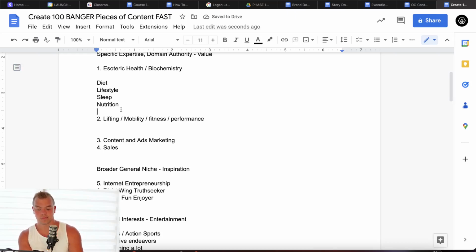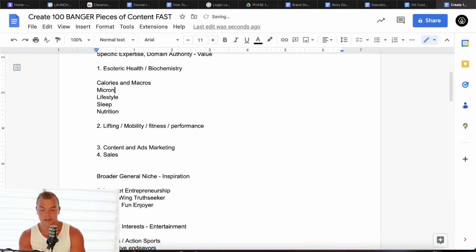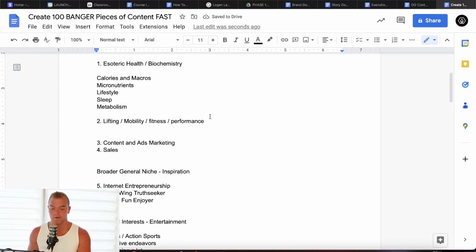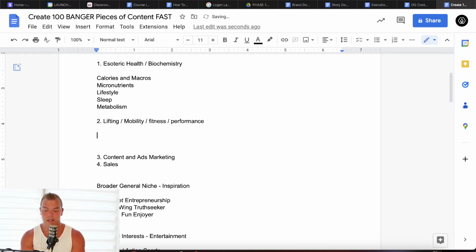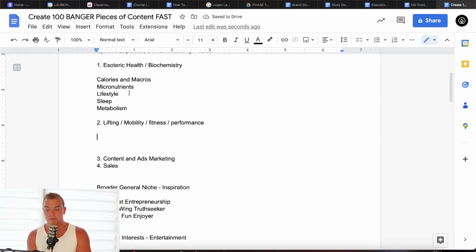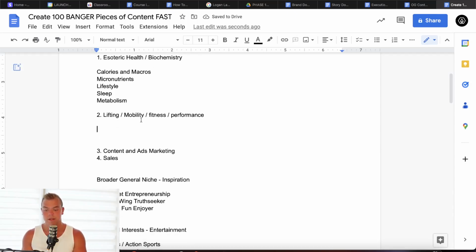I'll probably break diet. Well, diet is kind of nutrition, but that's a big one, right? So we'll say like calories and macros, micronutrients, you know, metabolism, whatever. I'm not going to go through and give all of these. I just want to illustrate what this looks like, right? So calories and macros, micronutrients, lifestyle, sleep, metabolism, lifting.